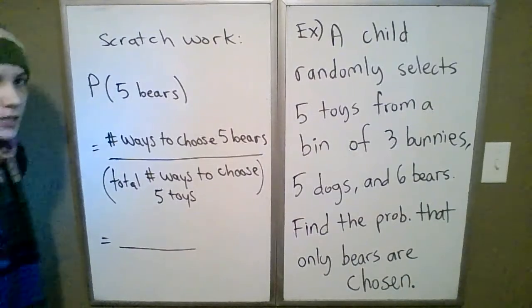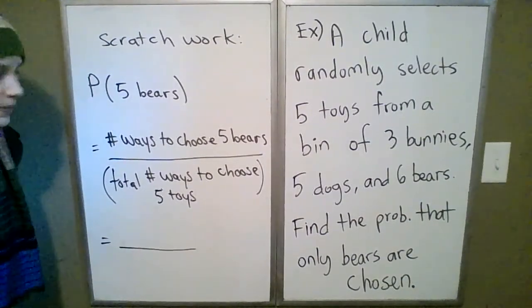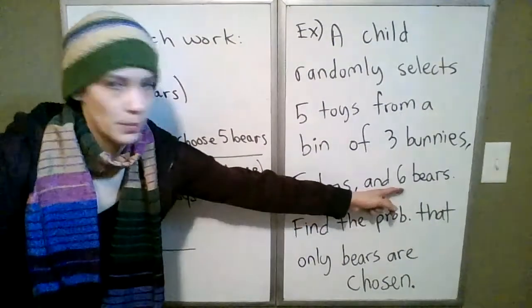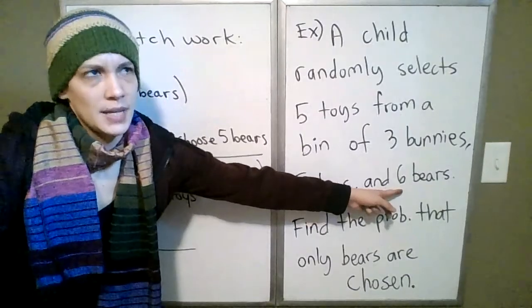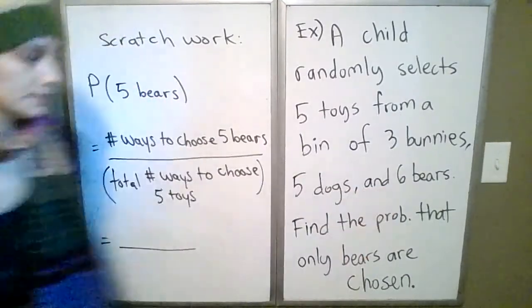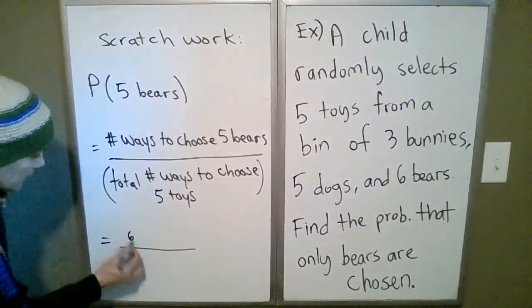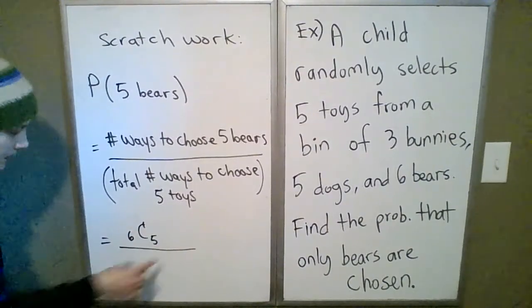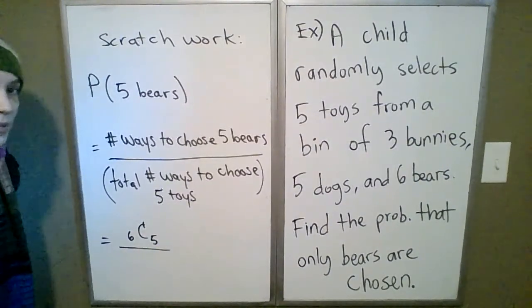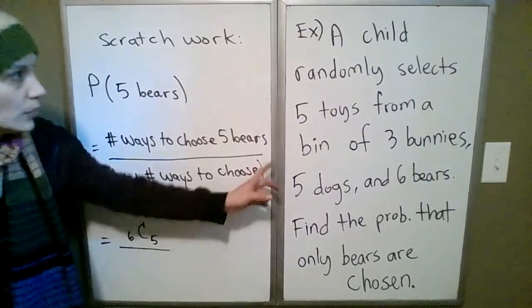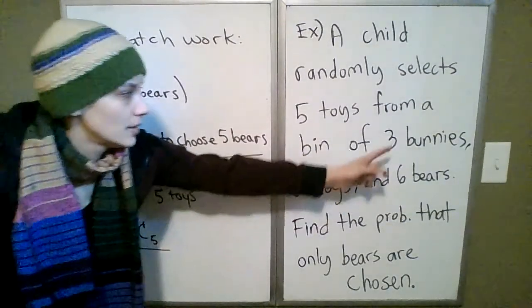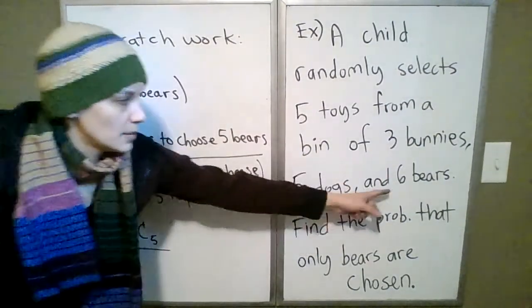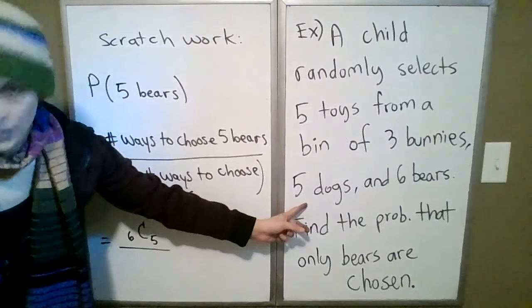Okay, in the numerator, to choose 5 bears when there are 6 possible bears is going to be 6 choose 5. Out of the 6 bears, we want to pick 5 of them. In the denominator, we're going to all of the toys, which there are, let's see, 3, 9, 14 toys total.